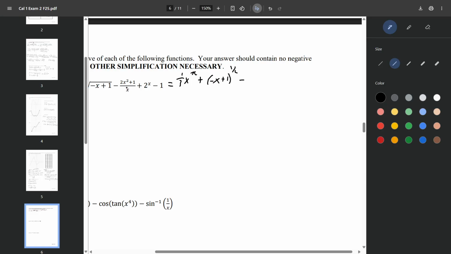so if we split this function into 2, we add them together, it'll be 2x squared over x plus 1 over x.